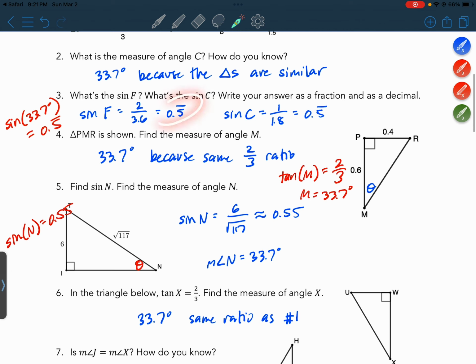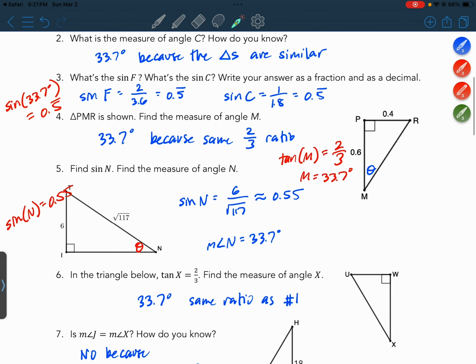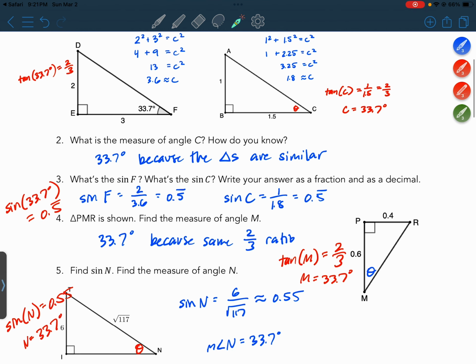We saw it here and here, and so same ratio must be the same angle, which is 33.7 degrees. So N must be 33.7 degrees. So all these triangles so far have been similar triangles. We've either shown it by finding the same ratio or finding some scale factor between the triangles.